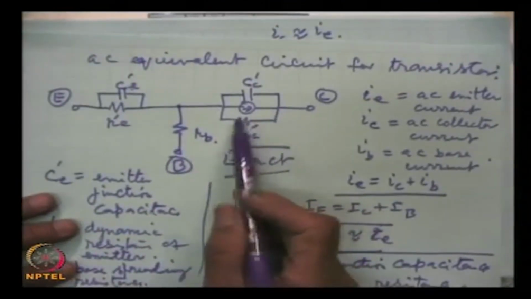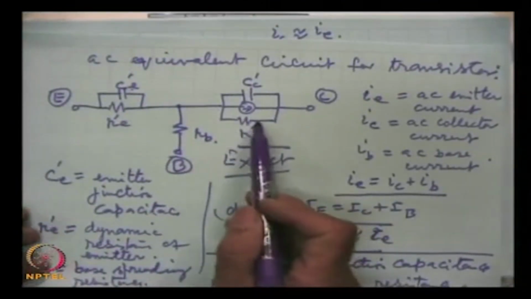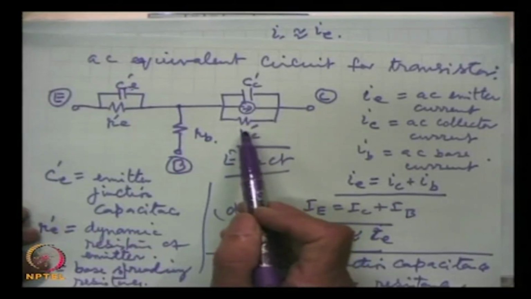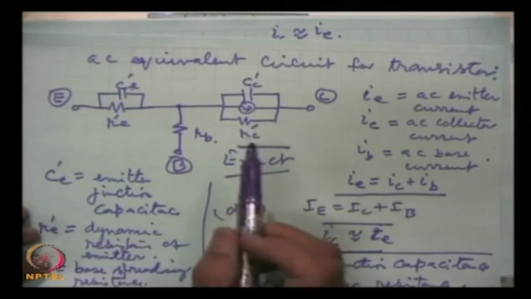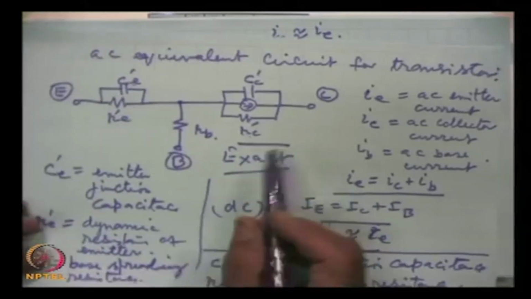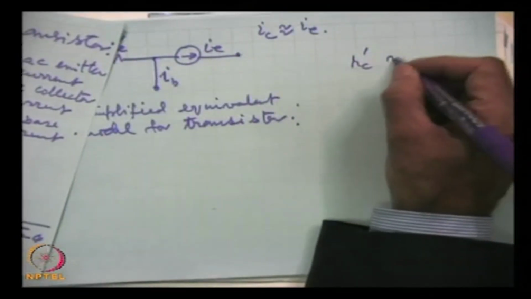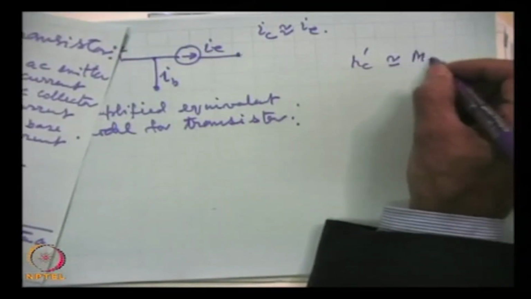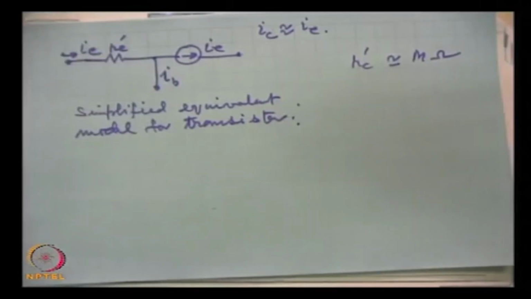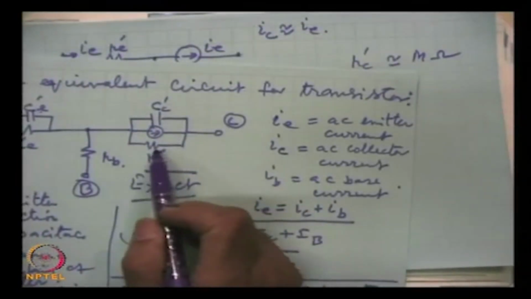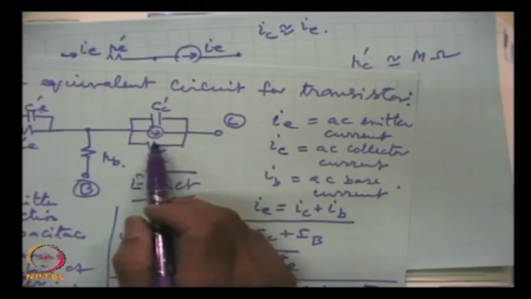Here we have dropped, for example, the collector resistance. Collector junction is a reverse bias junction, and R C is to the tune of megohms, very high resistance, and because it is in parallel, this can be taken almost as open.